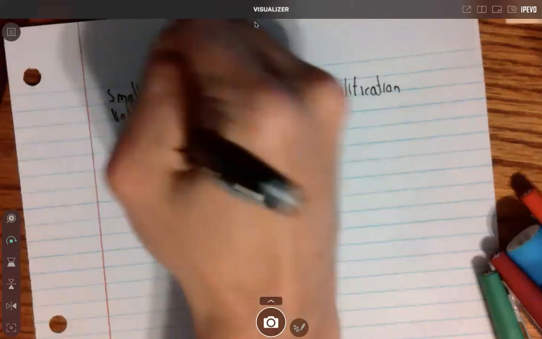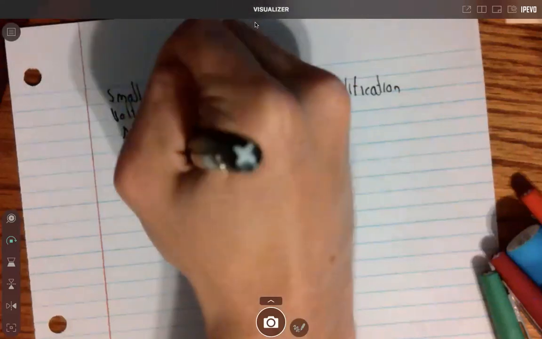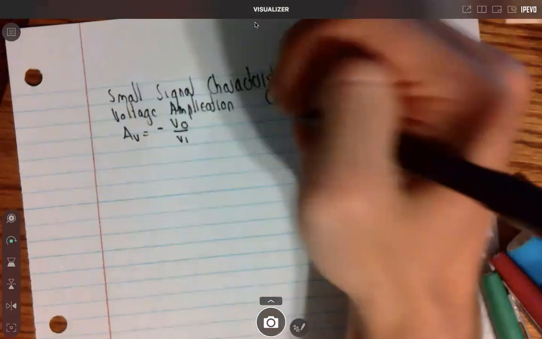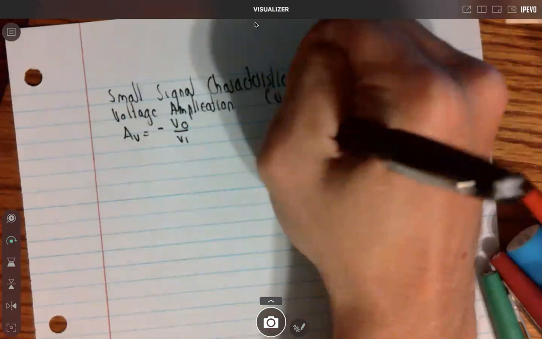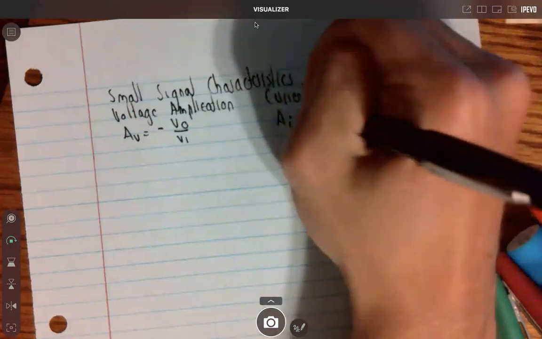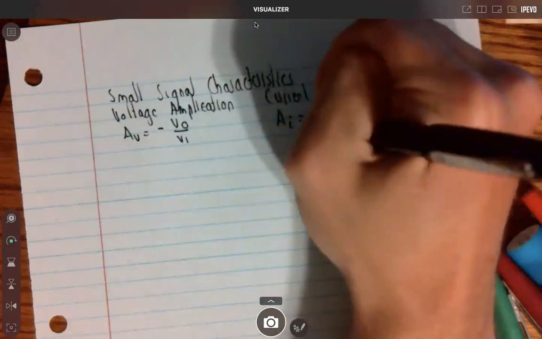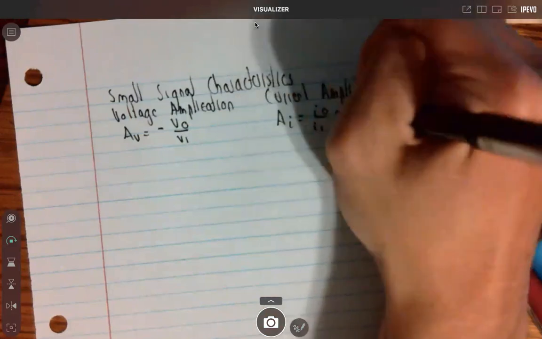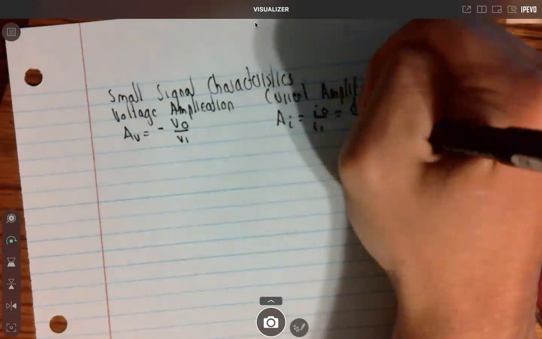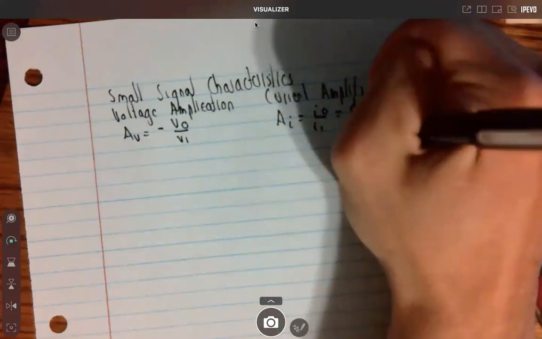Voltage amplification is given by AV. It's equal to the negative V out over V in. Current amplification is given by AI, which is equal to I out over I in, which is going to be the change in the collector current all over the change in the base current.